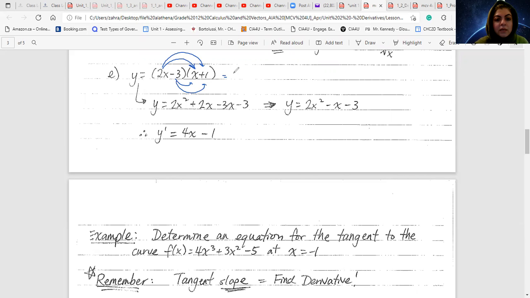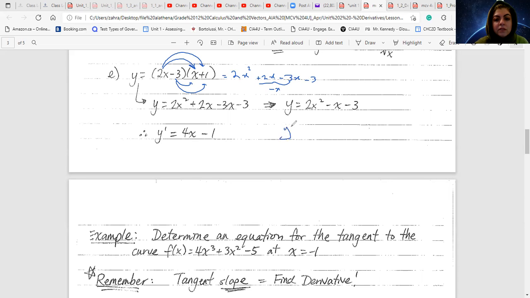So 2x multiplied by x is 2x squared. 2x multiplied by 1 is 2x. Negative 3 multiplied by x is negative 3x. Negative 3 multiplied by 1 is negative 3. These two are the same term, so it's negative x. So overall it's 2x to the power 2 minus x minus 3.